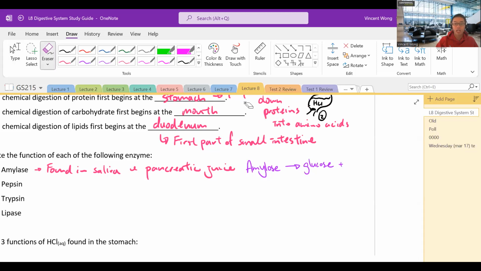The carbohydrate might not spend enough time in the mouth to be completely broken down into individual glucose. So it might just be oligosaccharides, little short chains of sugars. Right, so that's what amylase does.